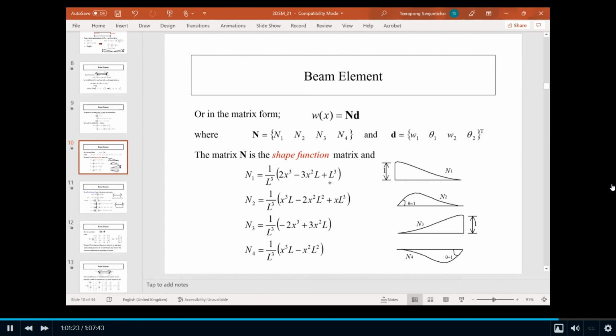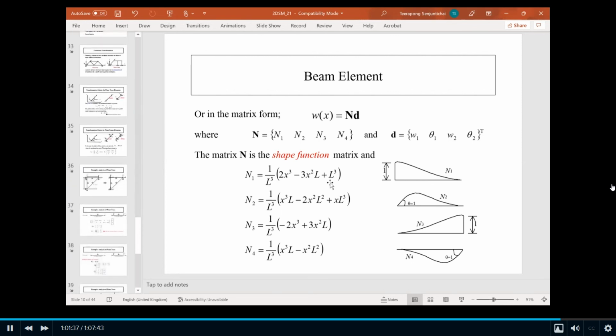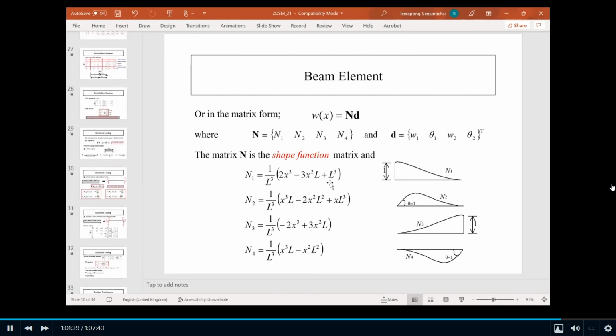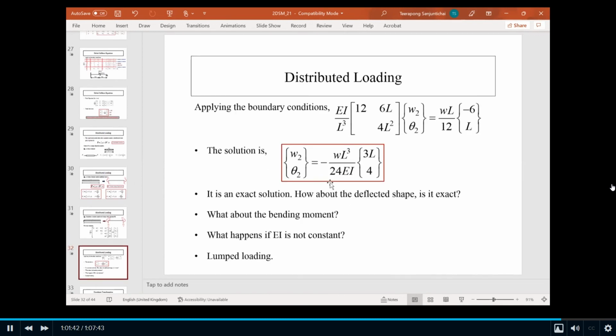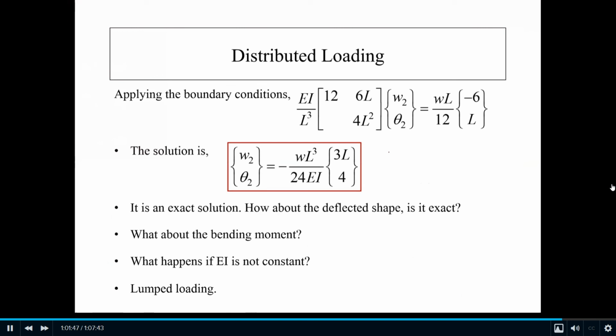In our case, W1 and theta 1 are 0 for this problem. So w(x), the deflected shape, would be equal to N3 W2 plus N4 theta 2. So this is the shape that we obtain from FEM.